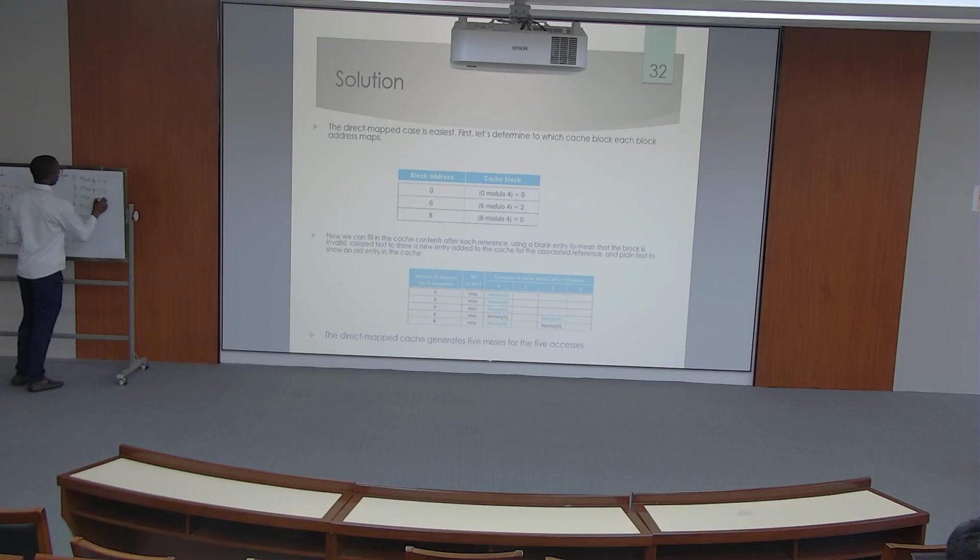So this is 0, this is 0, this is 2. Is this clear?